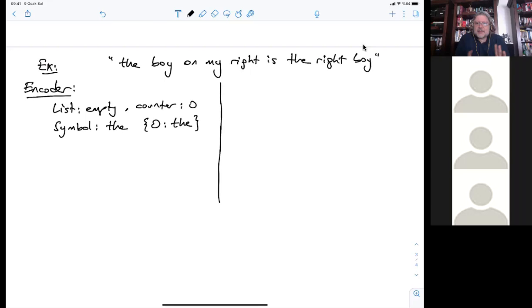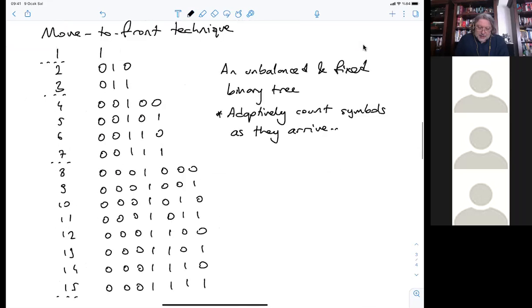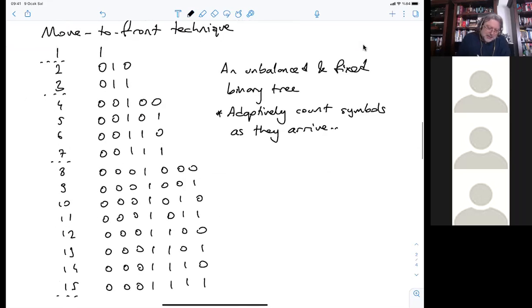We will take a look at that in a while. Then the counter becomes 1, and the second symbol is "boy", because it's "the boy". Now we have this word, and it does not exist in the list that we are constructing. Since there is only one word in the list, "the" is here.